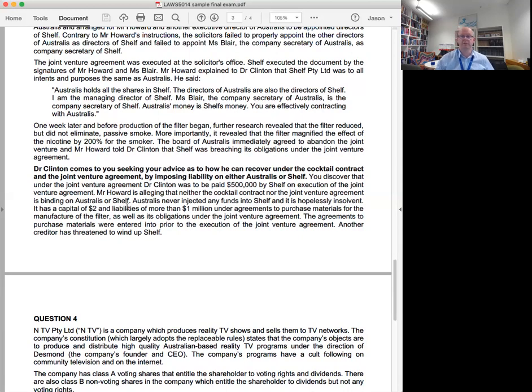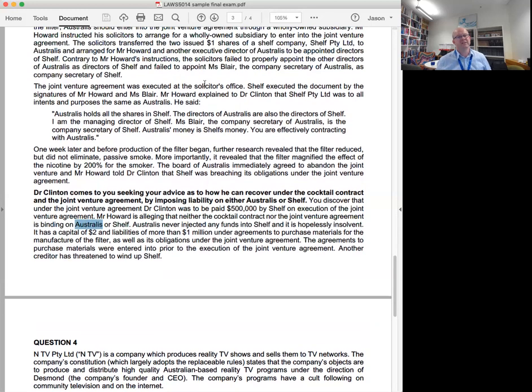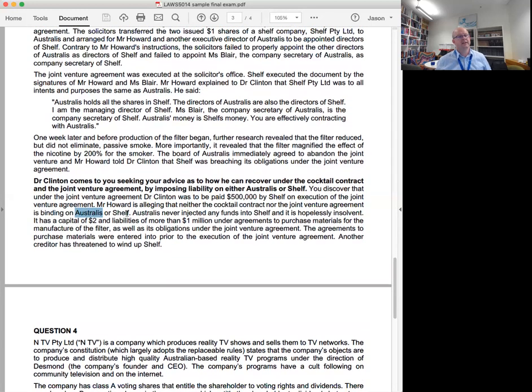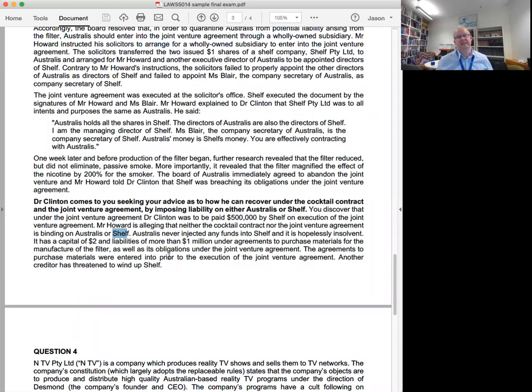So we look at the enforceability first and then what the consequences are. Howard is alleging neither the cocktail contract nor the joint venture agreement is binding on Australis or Shelf. I think that's a tough argument for both, that the cocktail agreement probably is binding, but that's only $1,000, and it's quite possible that the joint venture agreement is binding on Shelf, but it doesn't have any money.